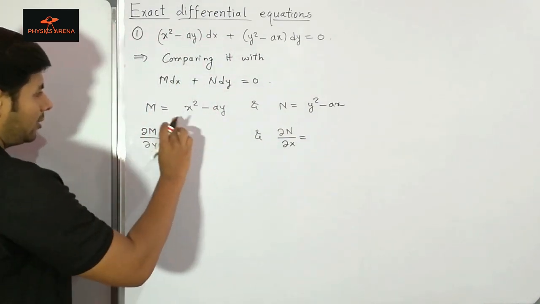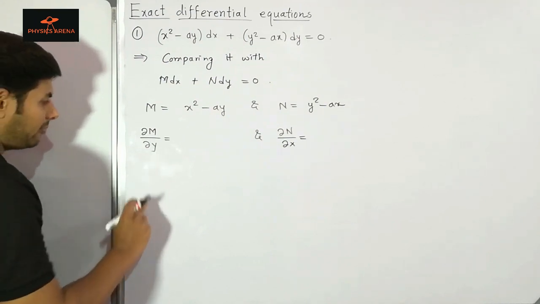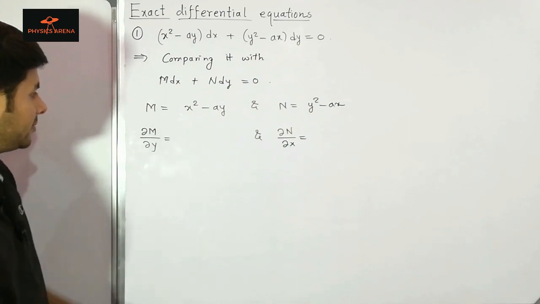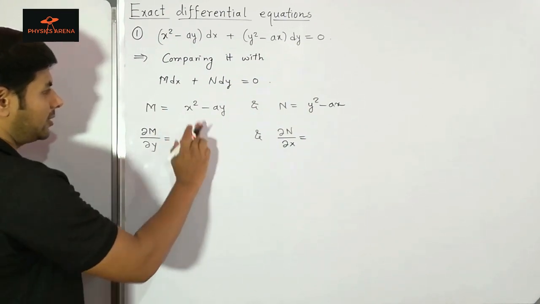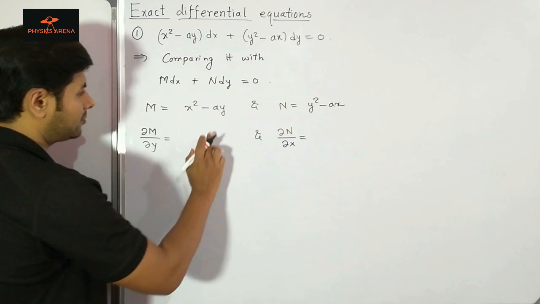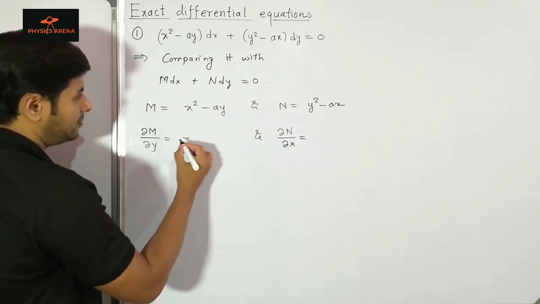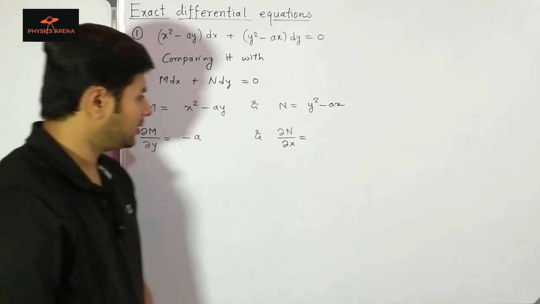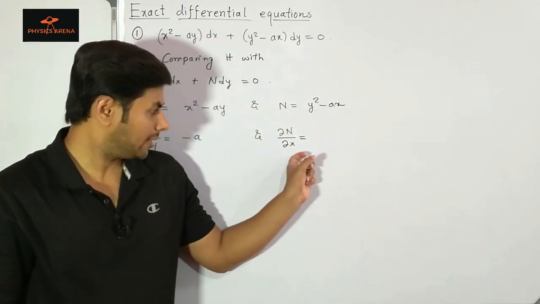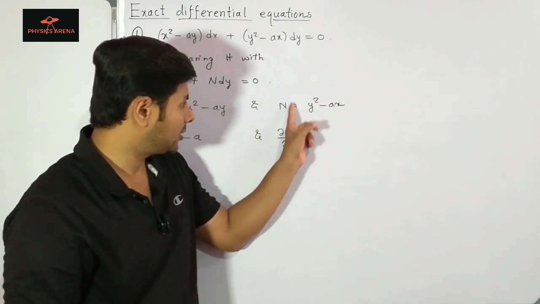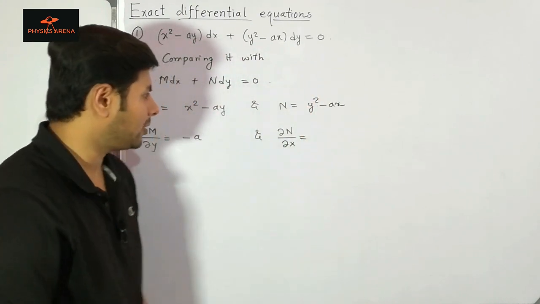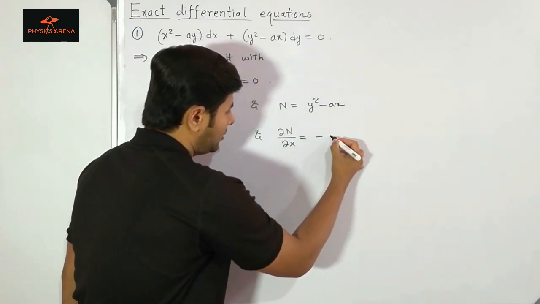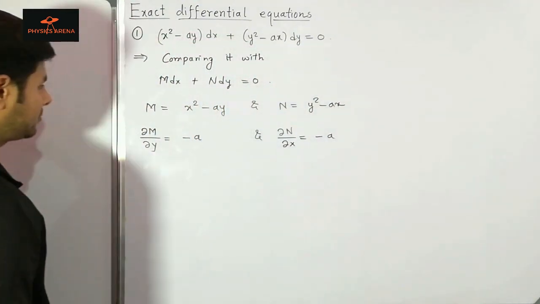Okay, so because we are taking partial derivative with respect to y here, x square is constant. That's why derivative of this term is 0 and derivative of second term is just minus a. Similarly, here we are taking partial derivative with respect to x. So derivative of y square with respect to x is 0 and derivative of second term with respect to x is just minus a.